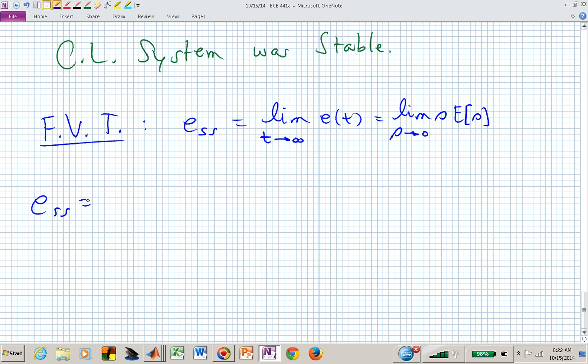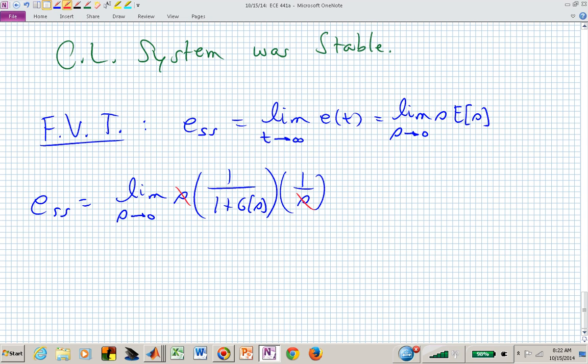We can now say that E SS is now the limit as s goes to 0 of s times 1 over 1 plus g of s times r of s, which we were saying was 1 over s. The leading s is canceled by the trailing s from the unit step.